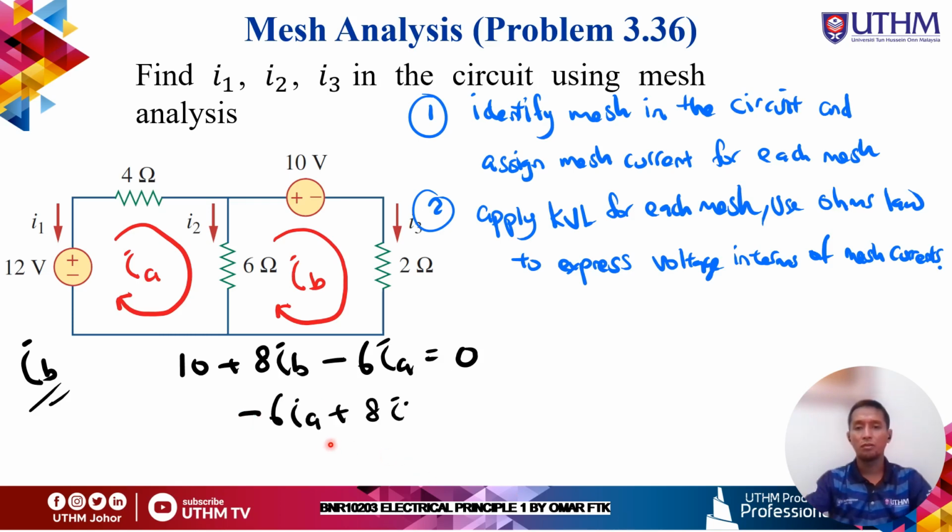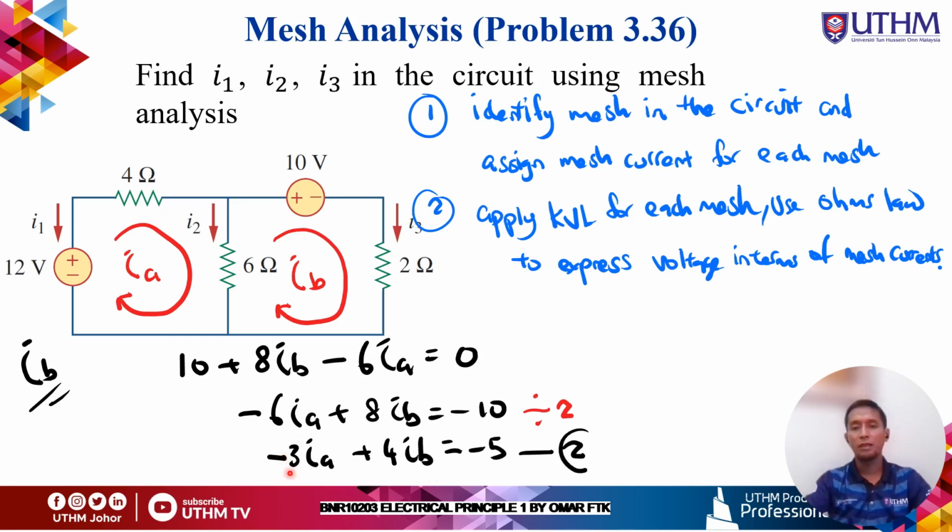So we have minus 6 IA plus 8 IB equals minus 10. Then we simplify the equation again by dividing by 2. We will have minus 3 IA plus 4 IB equals minus 5. So that is the second equation.